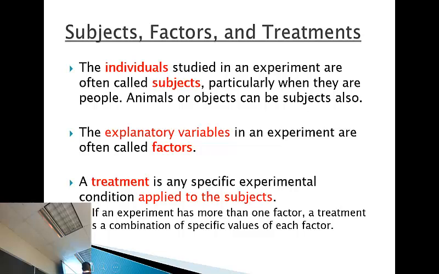And then the treatment is applied to the subjects. Most of the time, and for your midterm, you'll get one factor to mess around with. But if you have multiple factors, I'll show you how to handle it.